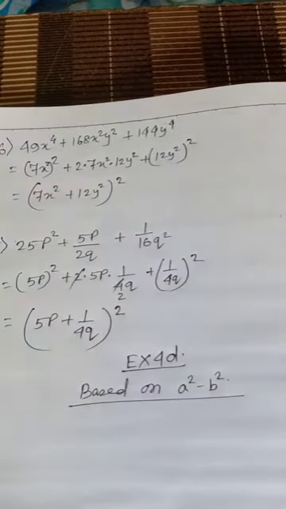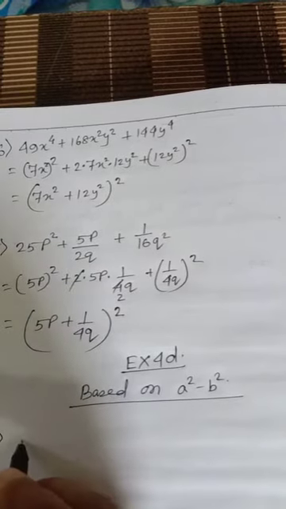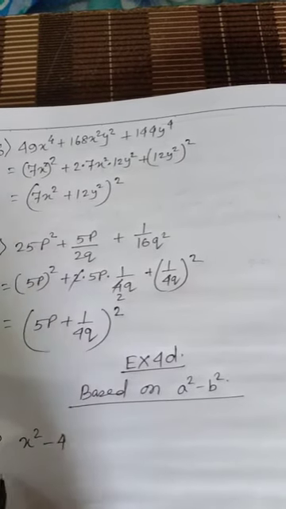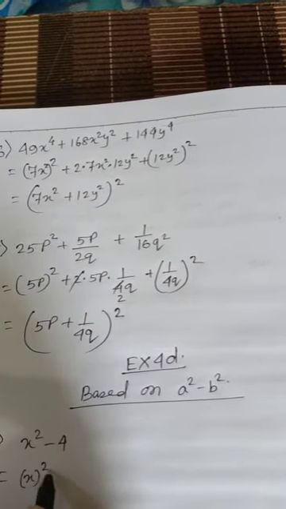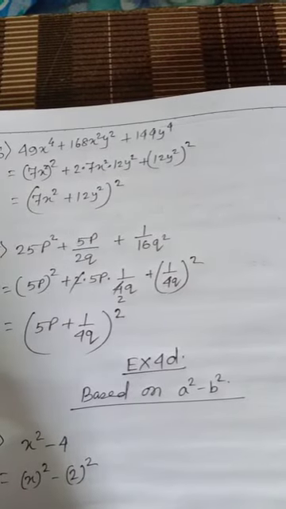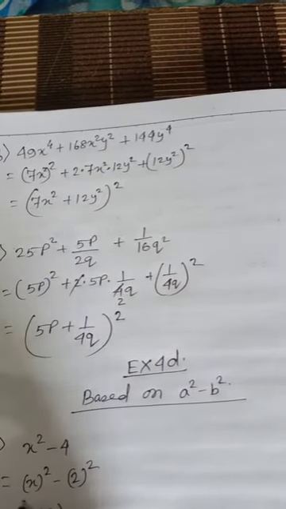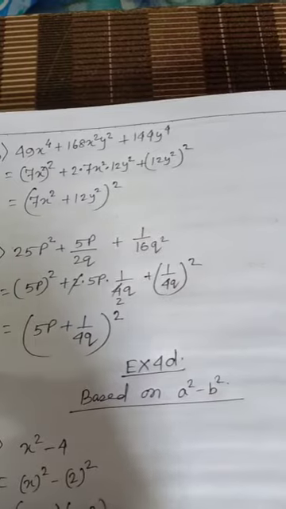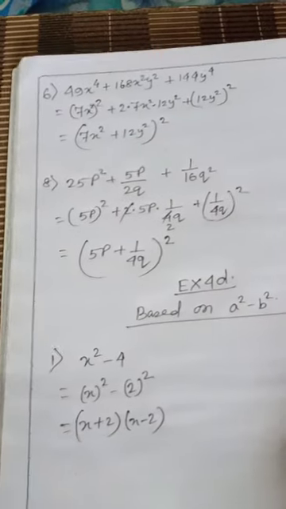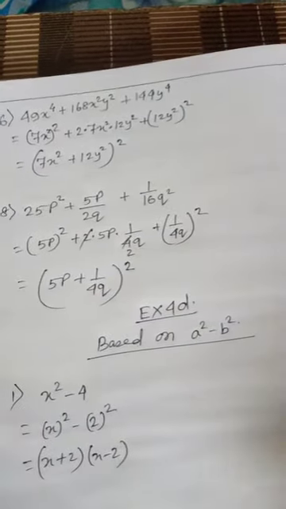Now the first question you can see, it is given x square minus 4. May I write it x whole square minus 2 whole square? So x plus 2, x minus 2.